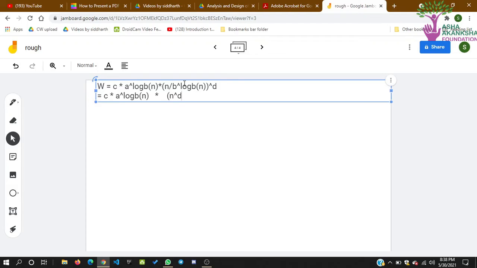For the denominator, we have b raised to the power log_b n, and that raised to the power d. I have just introduced d inside the brackets.